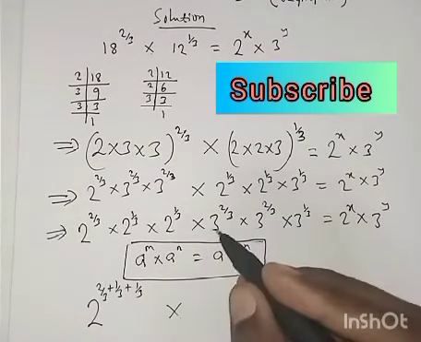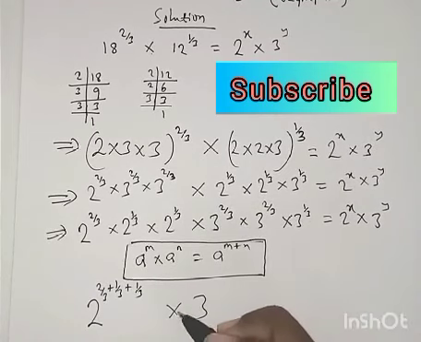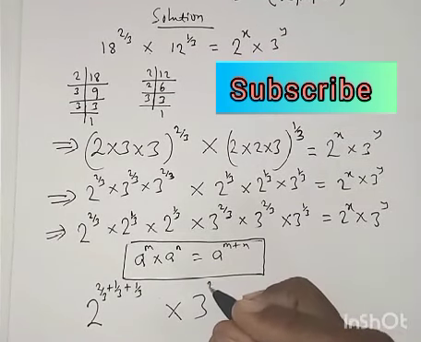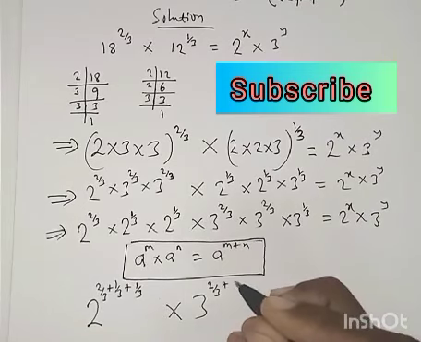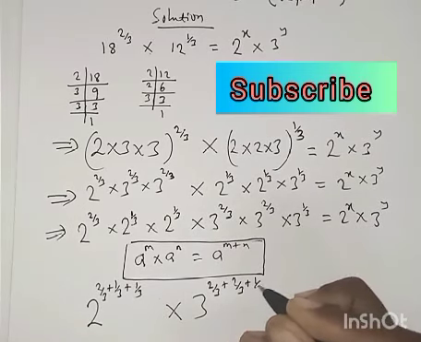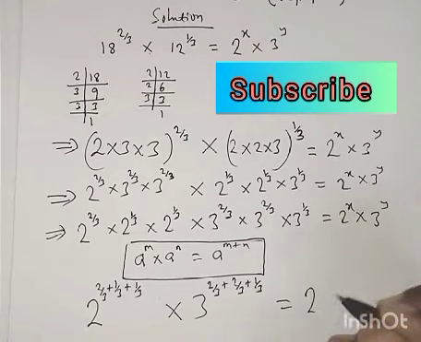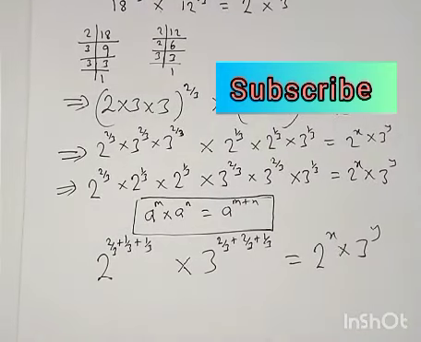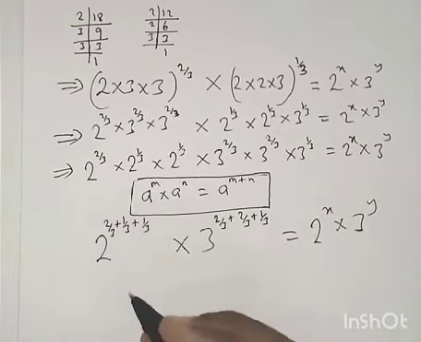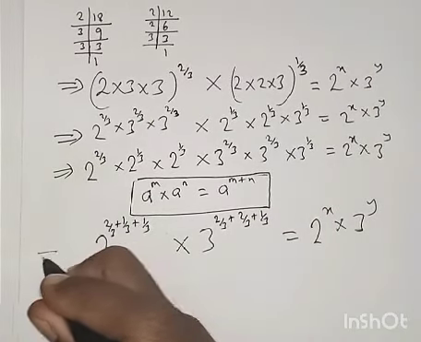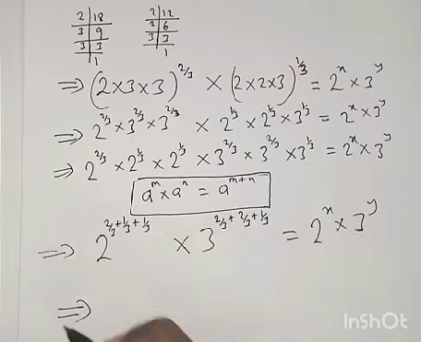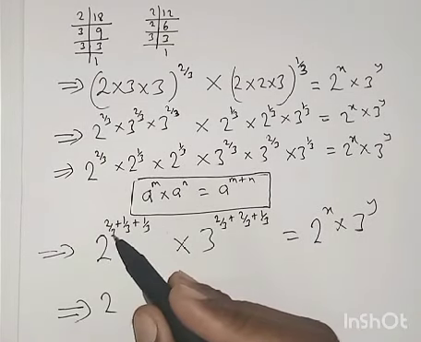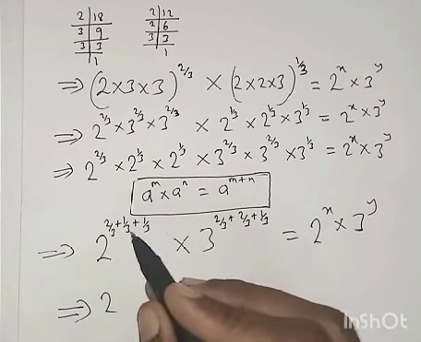Then multiply by, here 3, 3, 3. You take one. Then you add the powers, 2 over 3 plus 2 over 3 plus 1 over 3. So everything equals 2 power x times 3 power y. Now from there, the denominators are the same, 3, 3, 3.